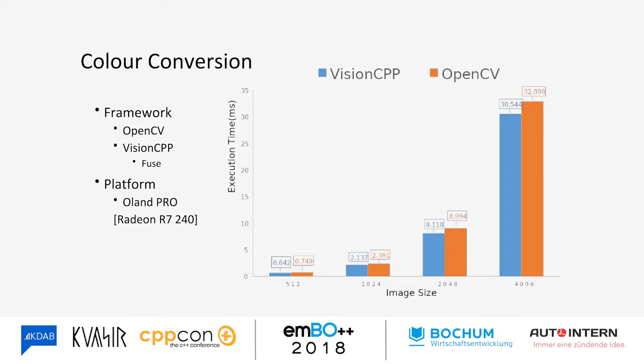And OpenCV, all of its kernels are very, very heavily hand optimized. Like, people spend a lot of time getting these things right, making them as performant as humanly possible. And in some cases, the versions we can write in VisionCpp without these crazy handcrafted kernels can outperform. And the reason is we have more context.